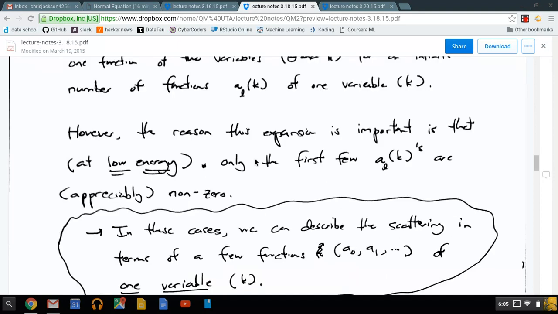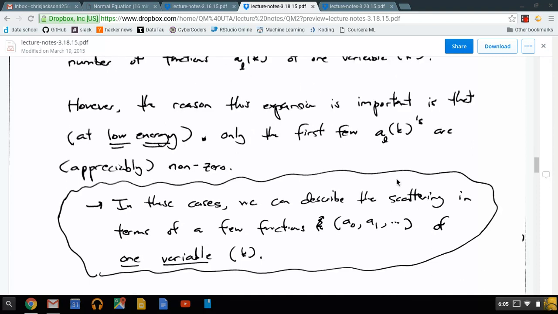However, we're not completely screwing ourselves over, because most of the time we're at relatively low energies. When you're at low energies, you find that basically the first one or two of these are the only important parts, the only parts that are appreciably non-zero.